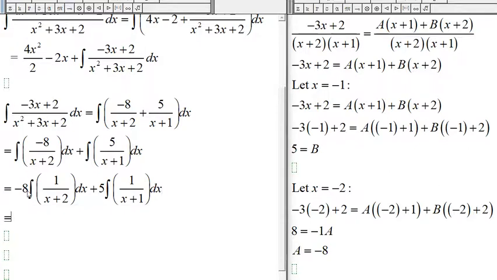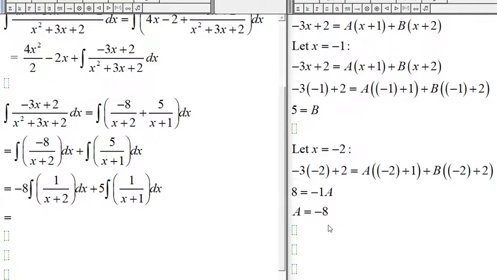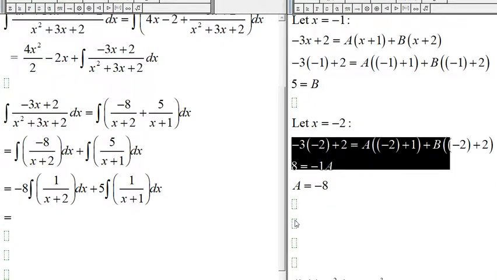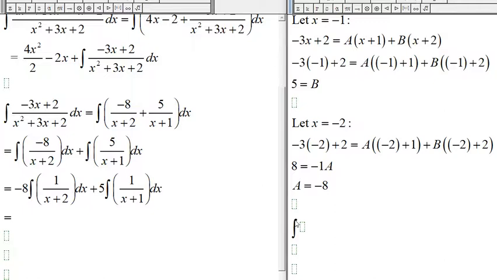And recall from the integral of natural log, we have the integral of 1 over x plus a dx. This is the natural log of x plus a.